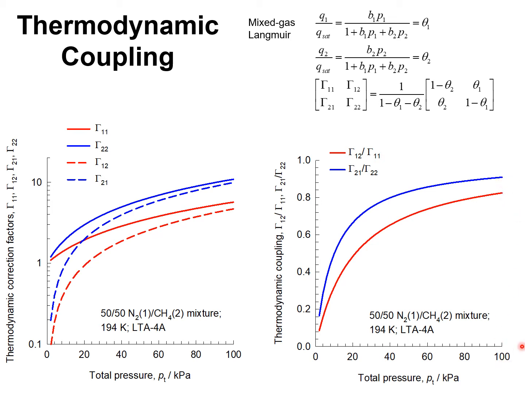In other words, if the bulk gas pressure is 100 kilopascals at a temperature of 194 Kelvin, the off-diagonal elements are only slightly lower than the diagonal elements. This implies that the coupling effects are of significant importance in mixture adsorption.